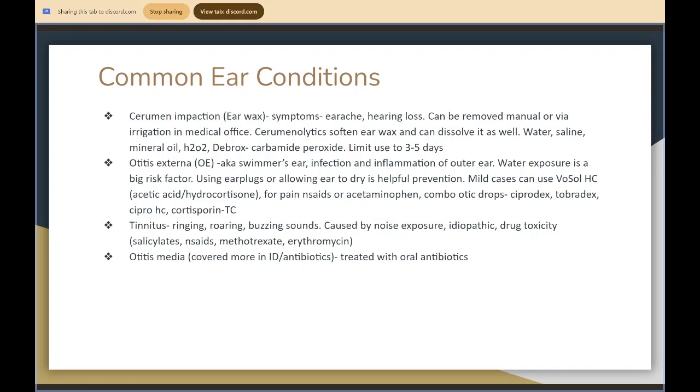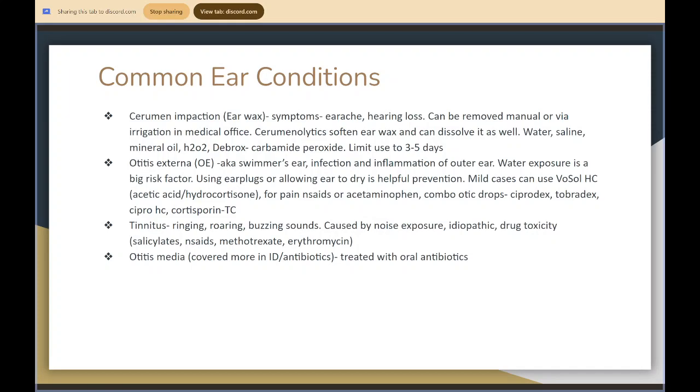If it's ruptured or has a hole, you cannot use any aminoglycoside because, as we know, aminoglycosides are ototoxic. And so that's not on here as drug toxicity. The systemic ones are. But just remember that aminoglycosides are ototoxic.